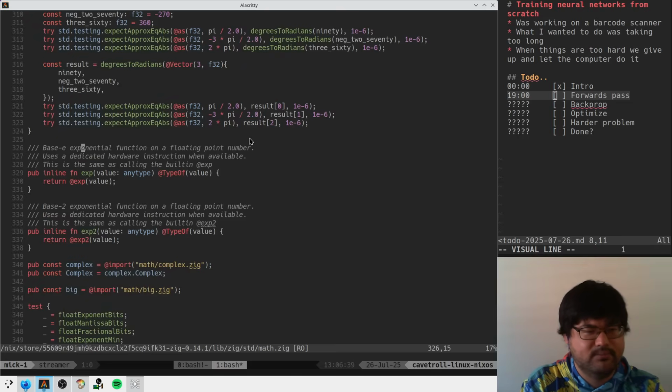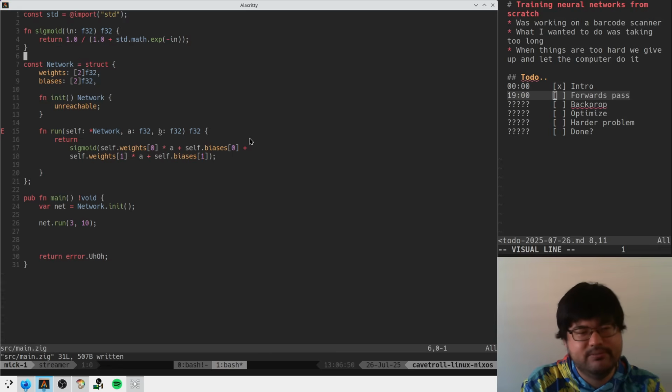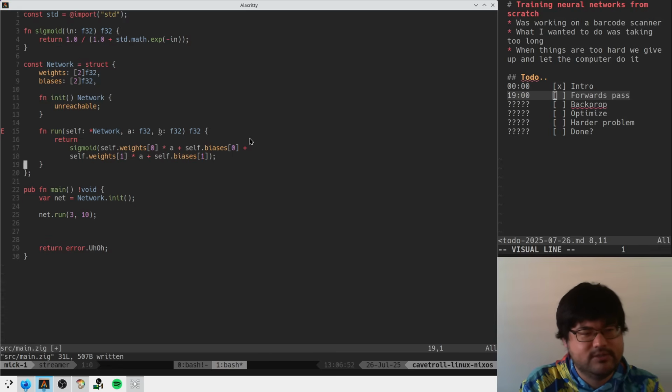This is base e exponential of a floating point number, to negative x. Easy, easy, easy. It's simple. So this is what we're trying to make.